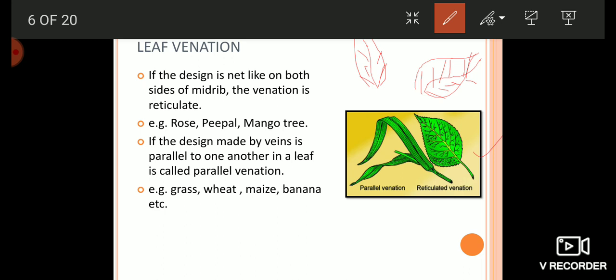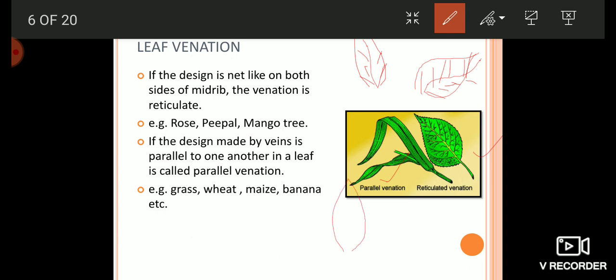Okay, now the second one is the parallel venation. If the design made by veins is parallel to one another in a leaf, it's called parallel venation. Now this is the parallel type of venation, and this venation is sometimes horizontally parallel or vertically parallel. I will again draw the structure of parallel venation.